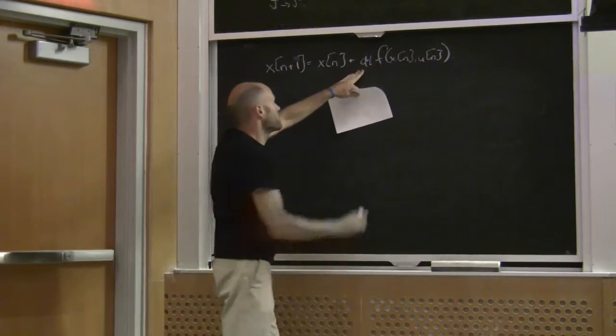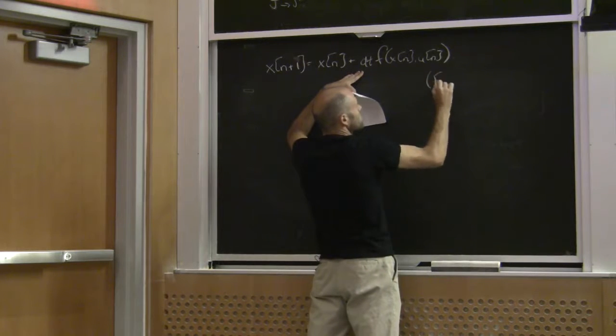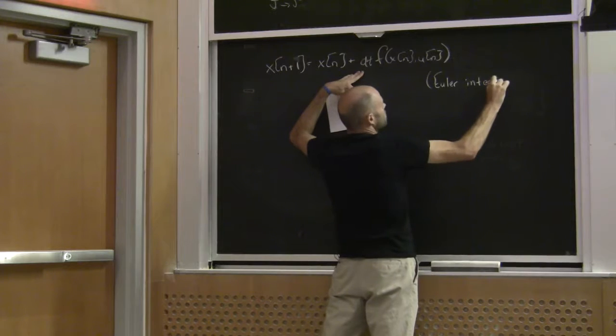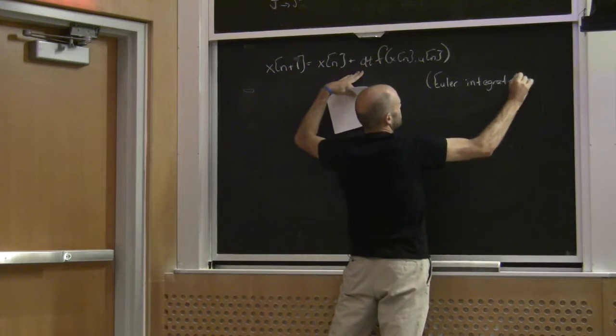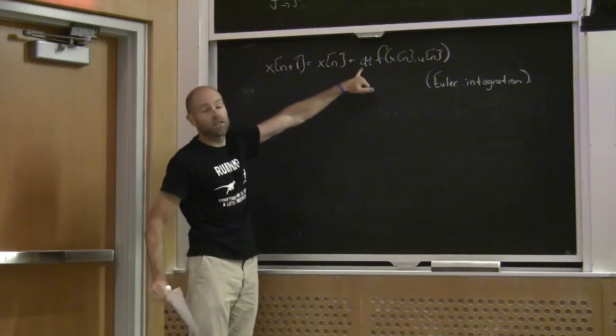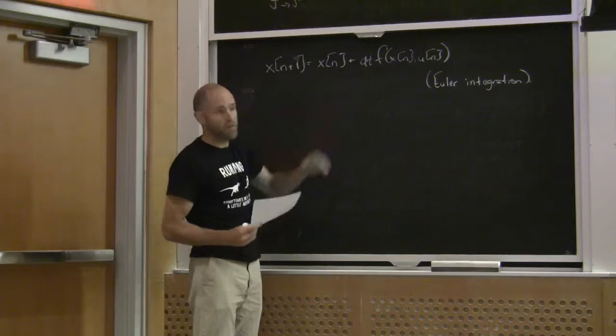This would be an Euler integration, and that's more and more valid in the limit as dt goes to 0. But that's an approximation, okay?